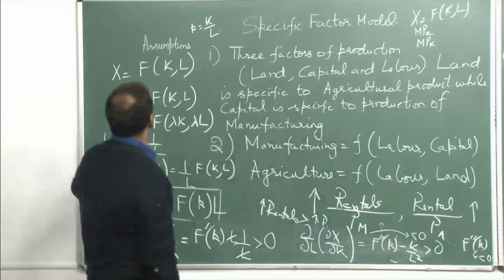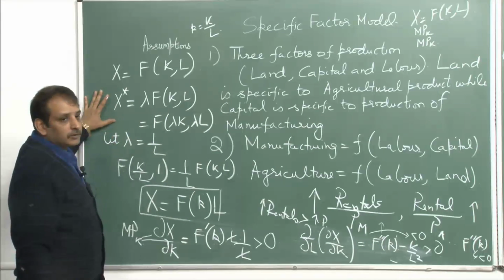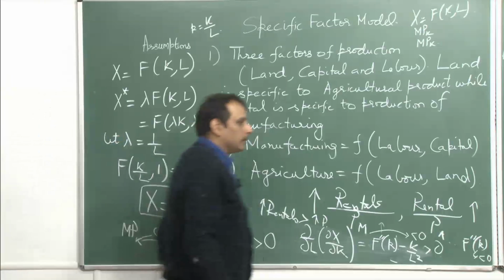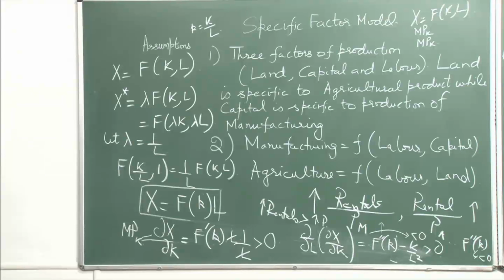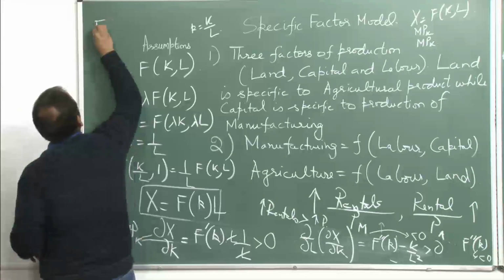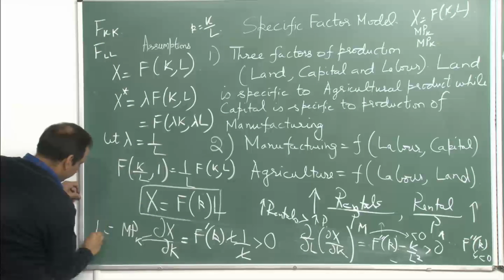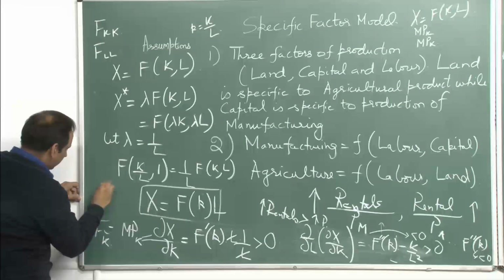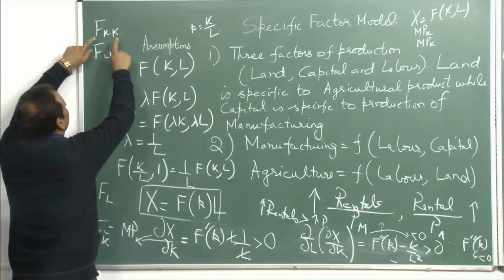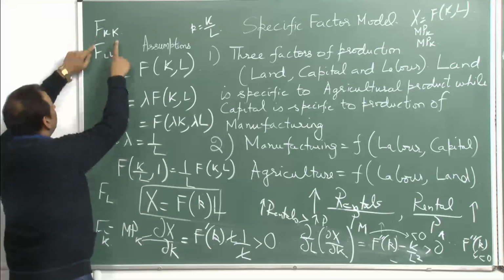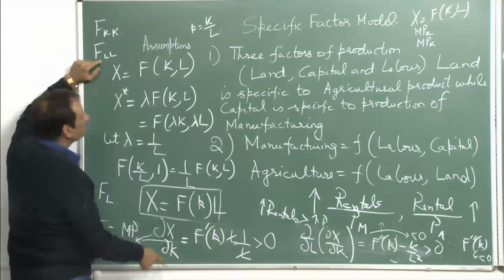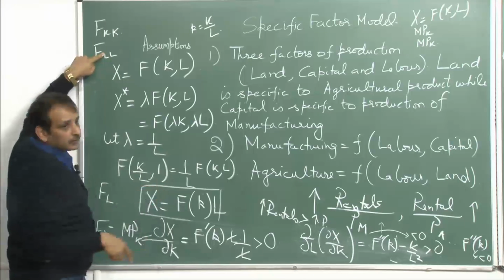If you do an exercise further, you find out marginal productivity of labor, then you find out FKK, you find out FLL, this is FK, you find out FL, find out FKK. FKK will be del 2x del k square, FLL will be del 2x del L square.